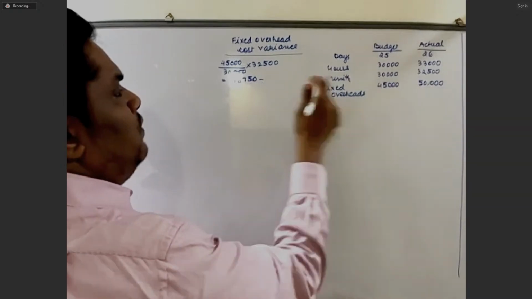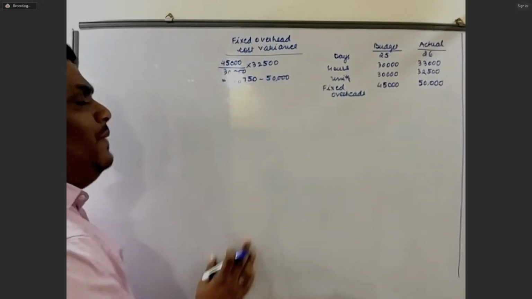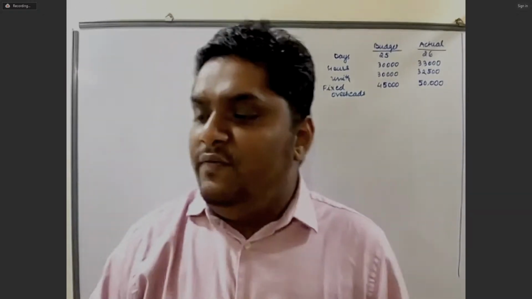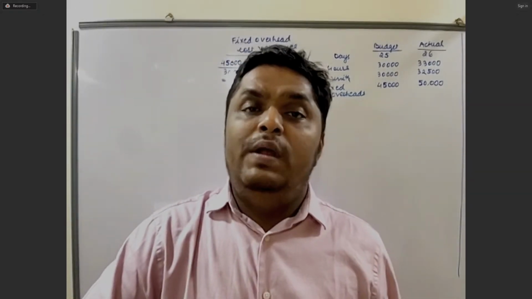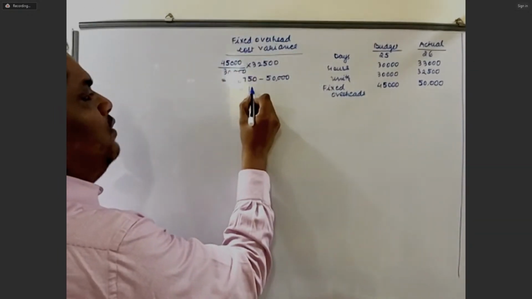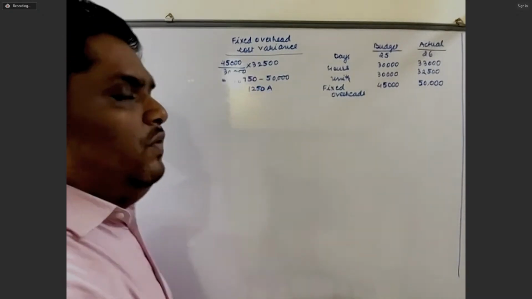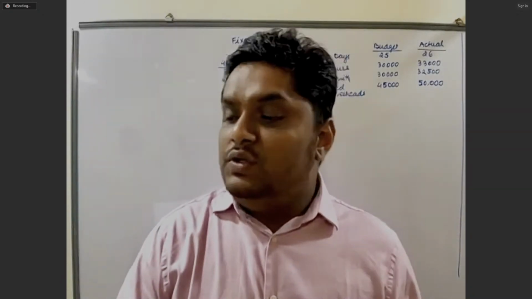And my actual overheads were how much? 50,000. So my absorbed overheads are 48,750 and my actual overheads are 50,000. So 1,250 adverse is my under absorption of overhead. This is all about fixed overhead cost variance.